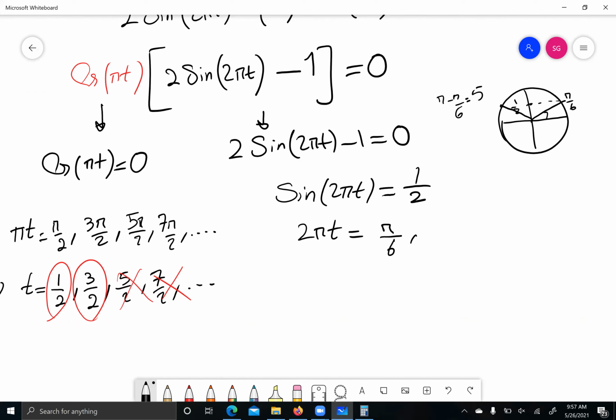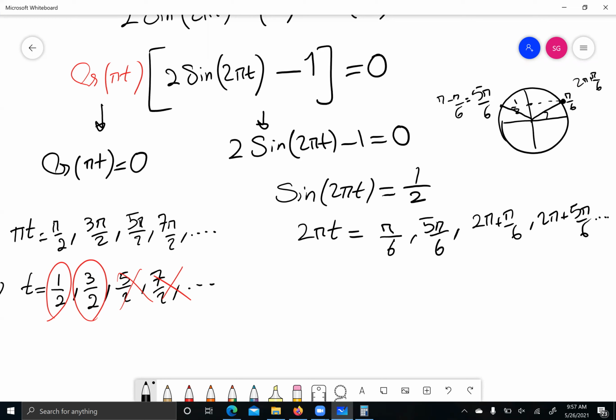So it's going to be 5 pi over 6. Then the next one is going to be 2 pi plus pi over 6, and 2 pi plus 5 pi over 6, and so on, right?